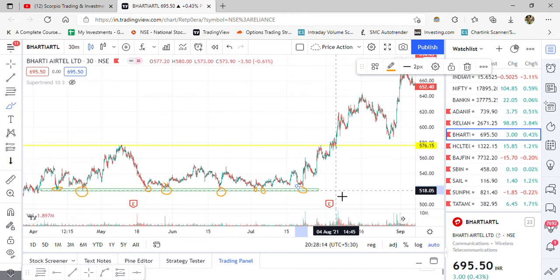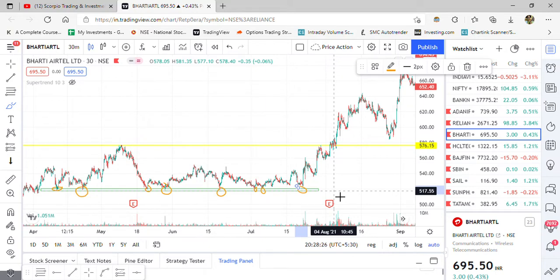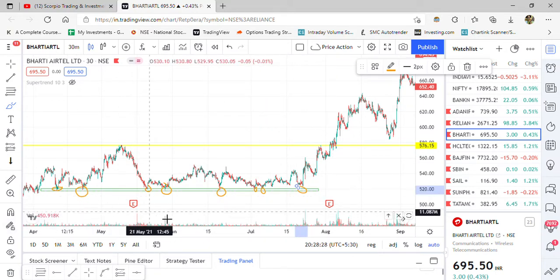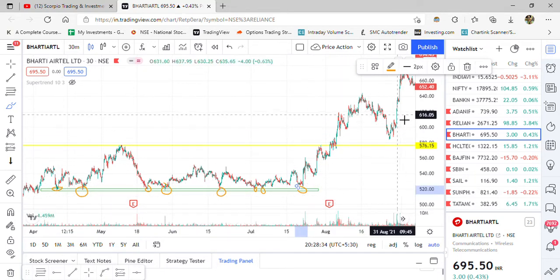So the significance of this is for investors. This is around the 517 level. If you are a long-term investor, you can see that in April, May, June, July, August, for 5 months it was taking support and then finally went up very high.